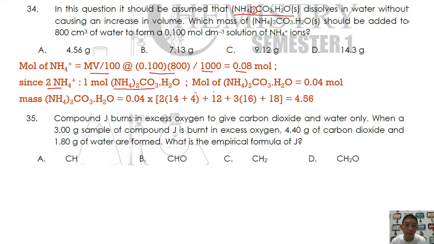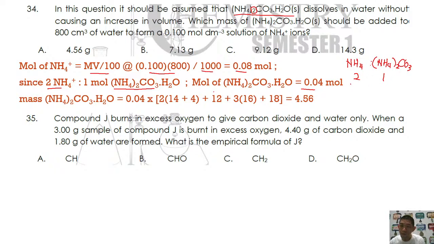Therefore, you have to divide by 2. If you are not very sure whether you should multiply or divide, always use the ratio method. You know by yourself that the ratio of NH4 to the salt (NH4)2CO3 is 2 to 1, isn't it?